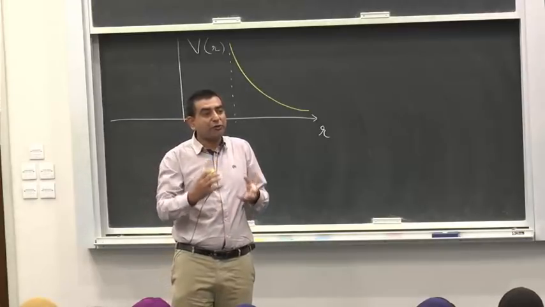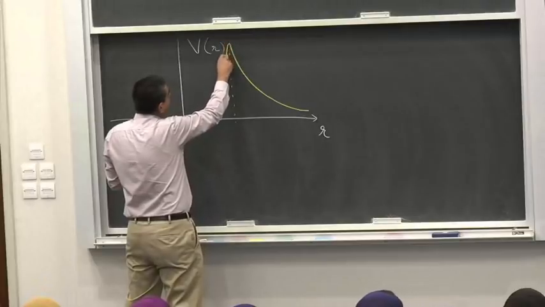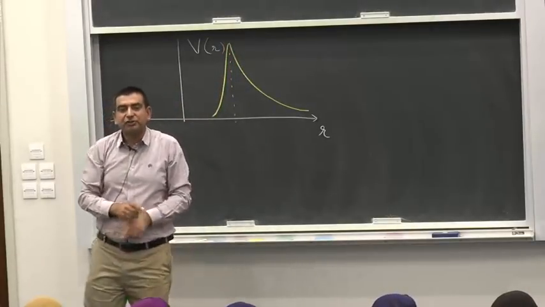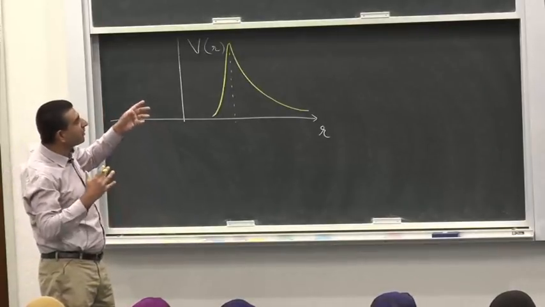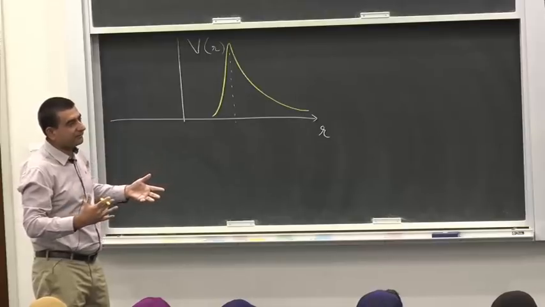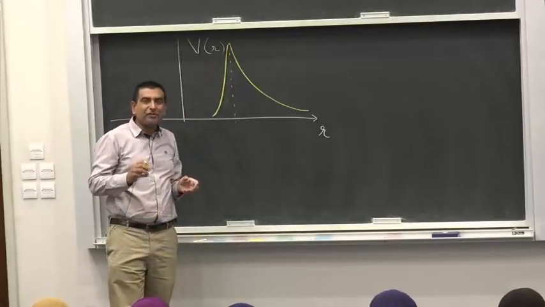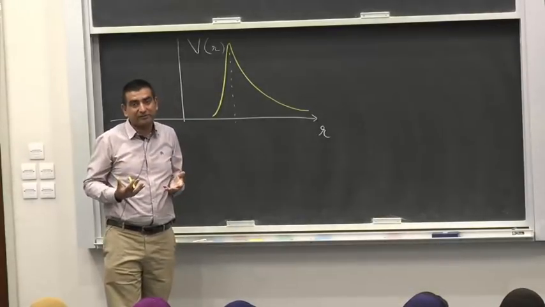So this strong nuclear force, which is attractive in nature, is operable at small distances, and it decreases the potential energy. So this is the potential energy landscape which is relevant to an alpha particle. Inside the nucleus, there is the strong nuclear force, so the alpha particle would like to remain inside the nucleus.